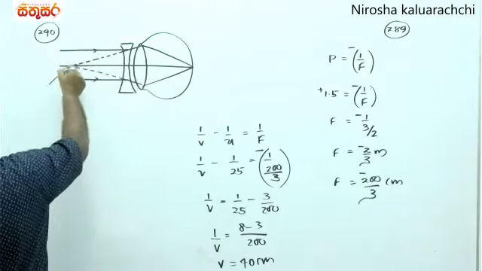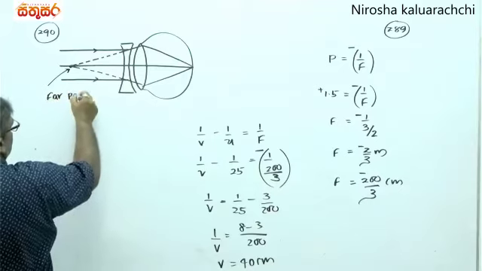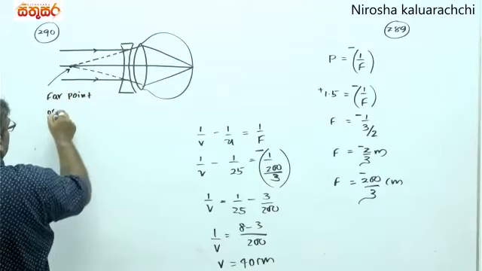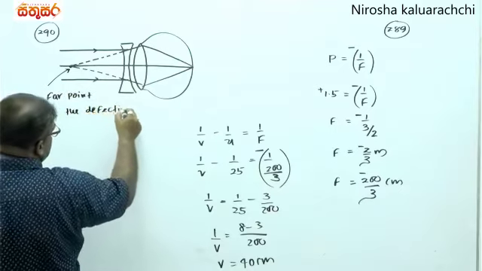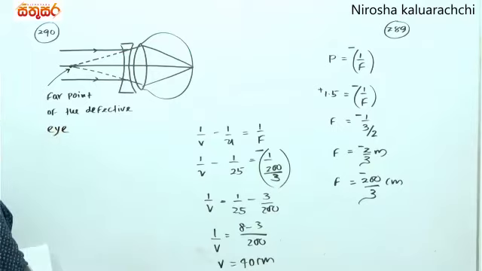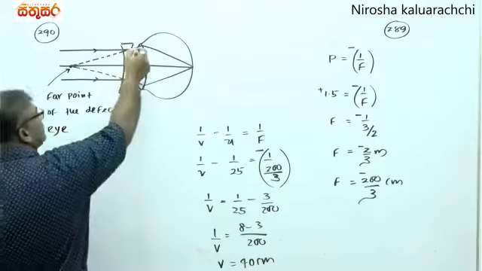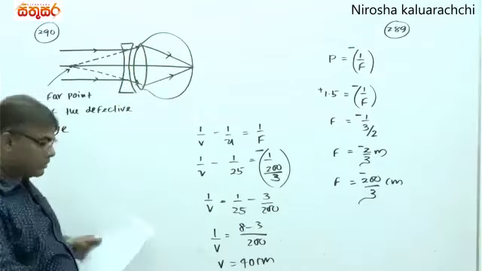This is called far point of the defective eye. So this is the arrangement of the ray diagram, right?